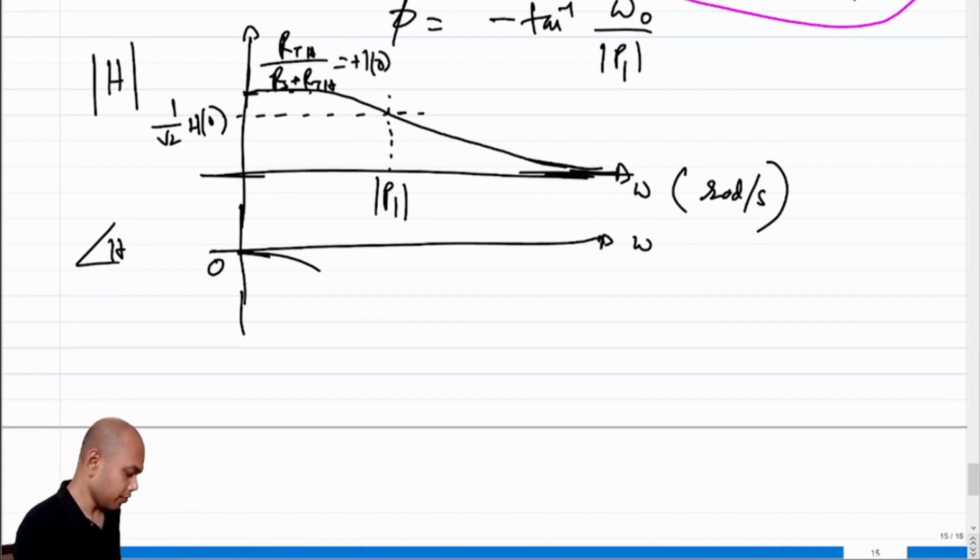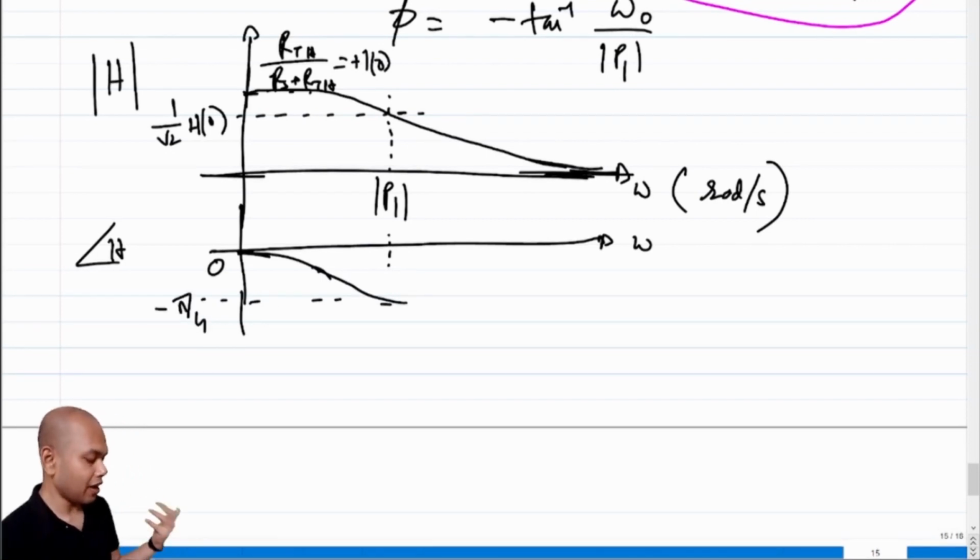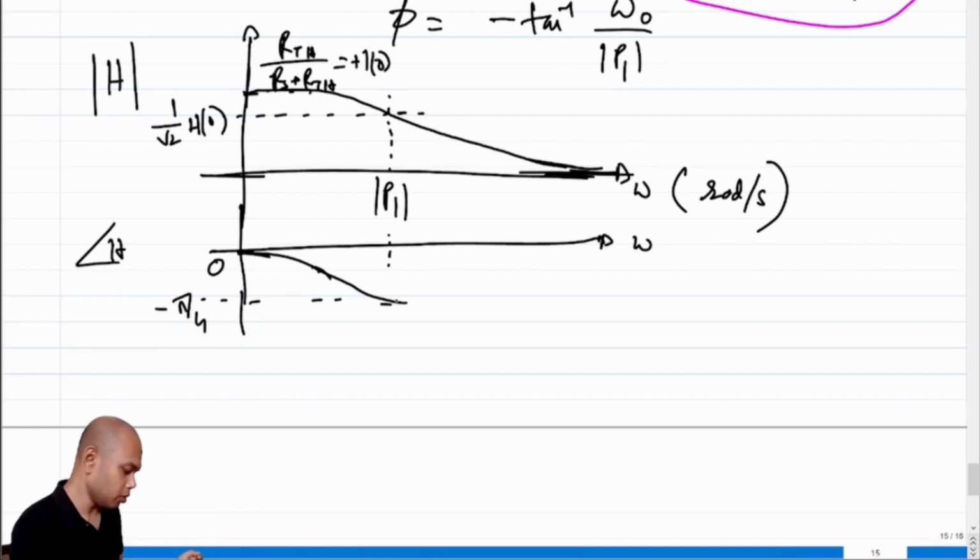What is the value of phi at P1? It is minus tan inverse of 1, that is minus pi by 4. And what is the value of phi at omega equal to infinity? Minus tan inverse infinity, that is minus pi over 2. So this will go to and saturate at minus pi over 2.